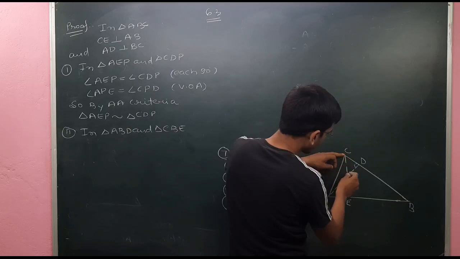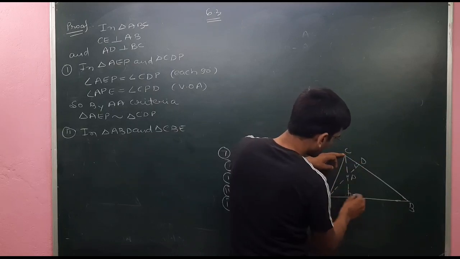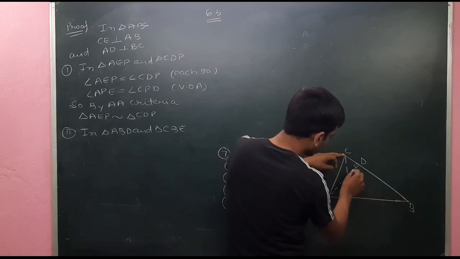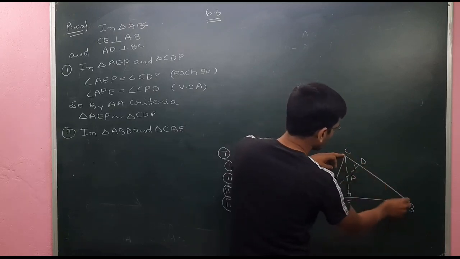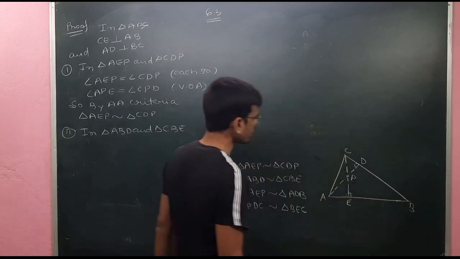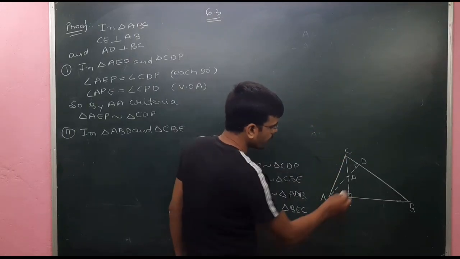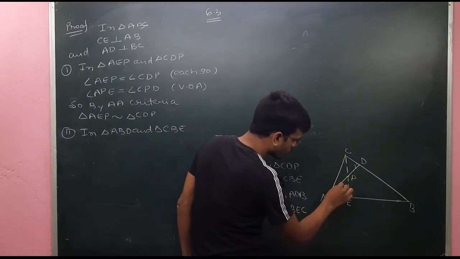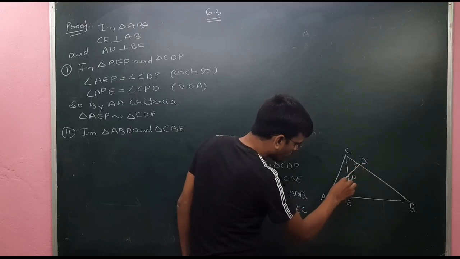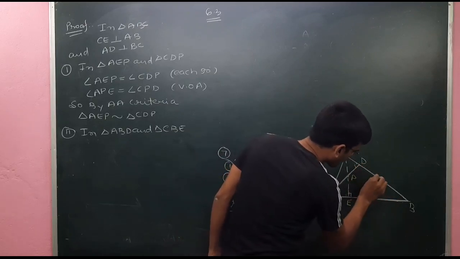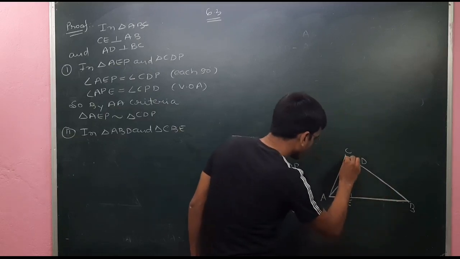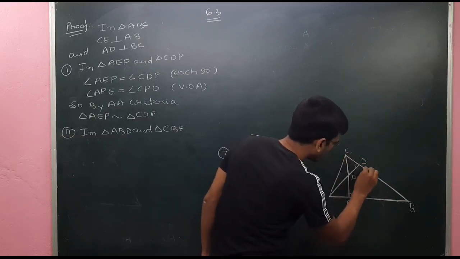This triangle ABD and this triangle CBE. In question number second, you have to prove this triangle is similar to this triangle.